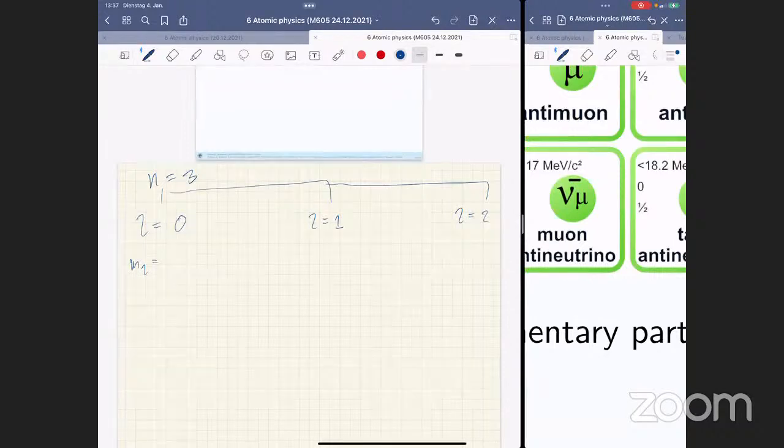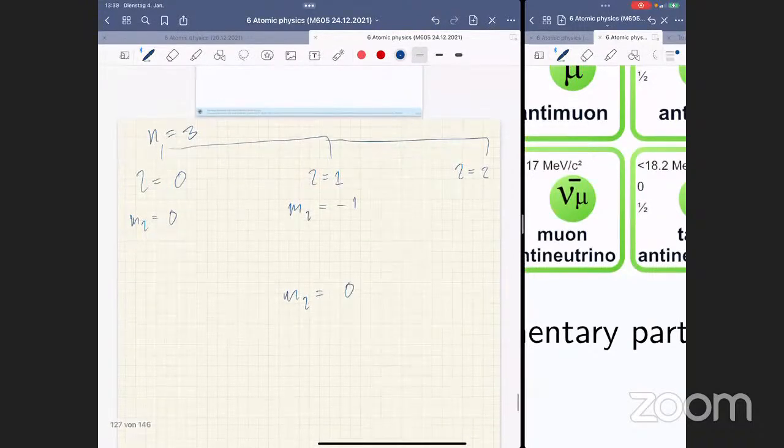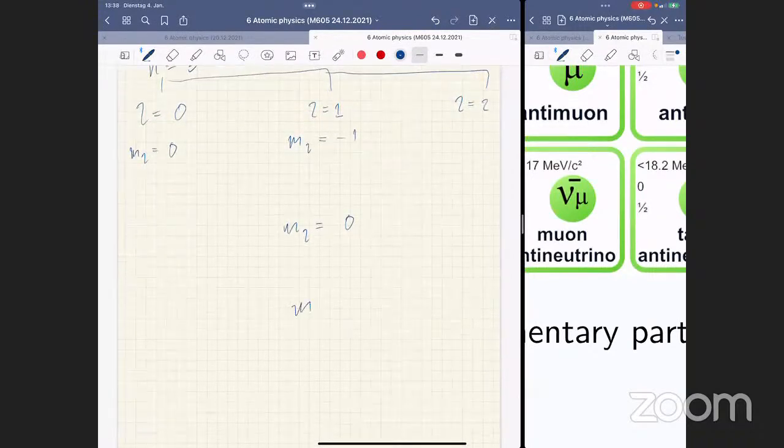So right here you could have only 0 value for ML, and right here you could have ML equal to -1, right? And ML equal to 0, and ML equal to 1.